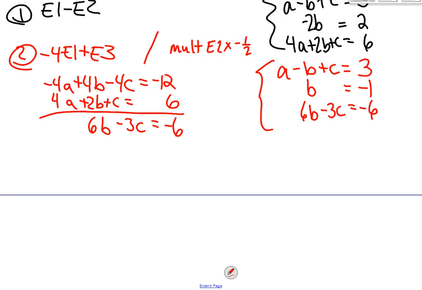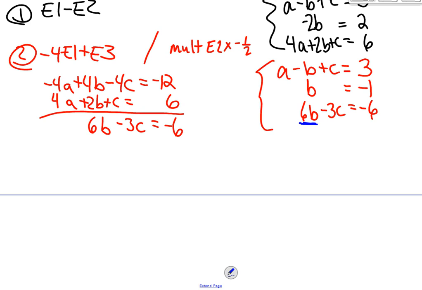And what's the easiest way to get rid of this 6b that's down here? Divide by 6. Yeah, then I get a fraction, so it wouldn't get rid of it. Then I would just have 6. I want to completely get rid of that 6b.